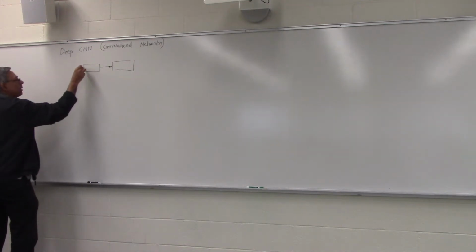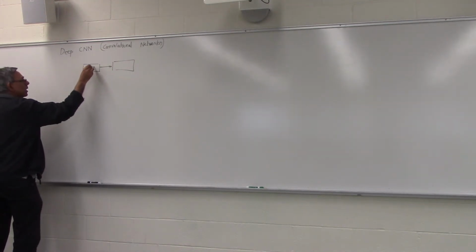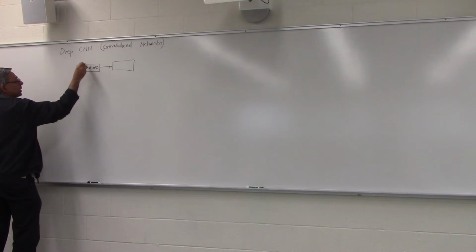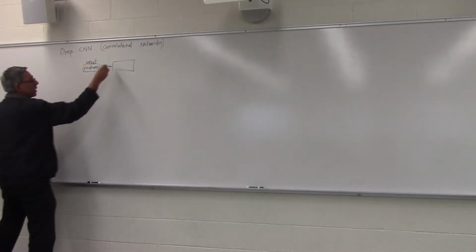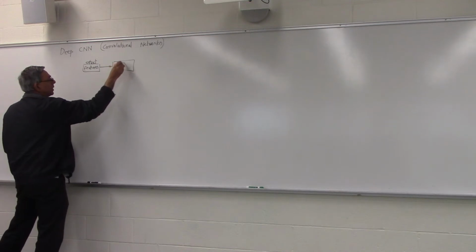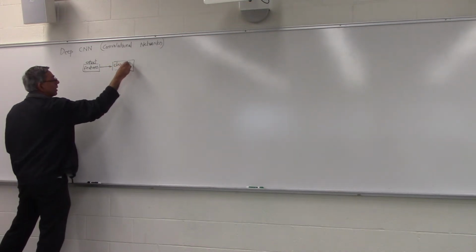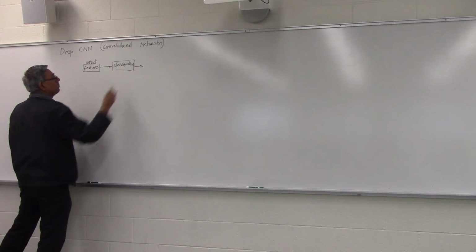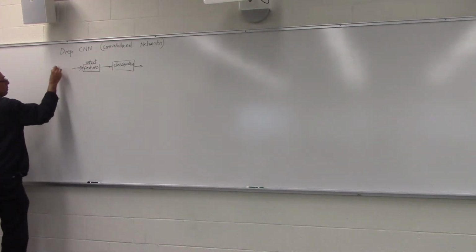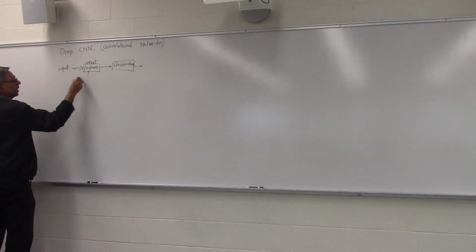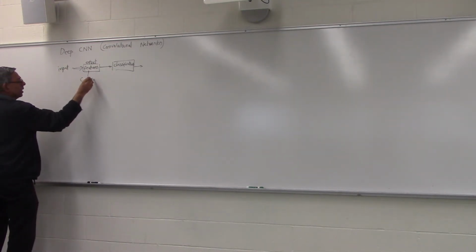We'll basically try to extract features. Then once the features have been extracted, we will do the classification. So some input is fed. This is where a lot of convolutions will occur.